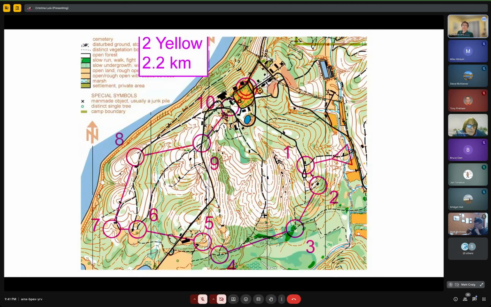Do another yellow. What is this? This is Randsburg. Mike, this is from your Flying Pig. Yeah, this is from the Friday of last year's Flying Pig.